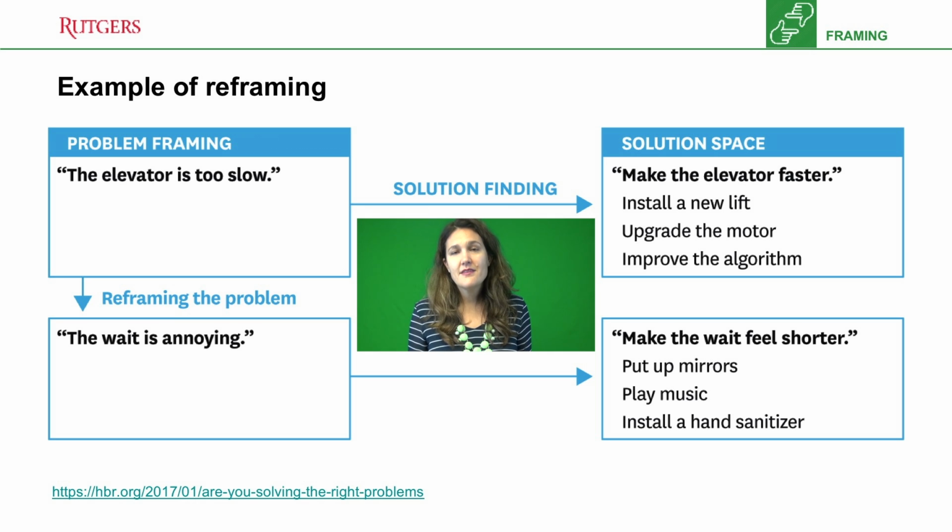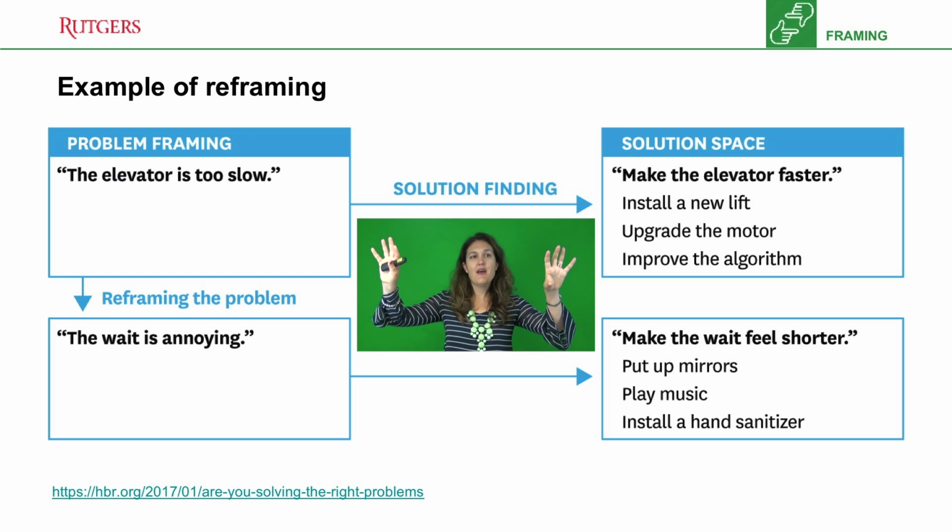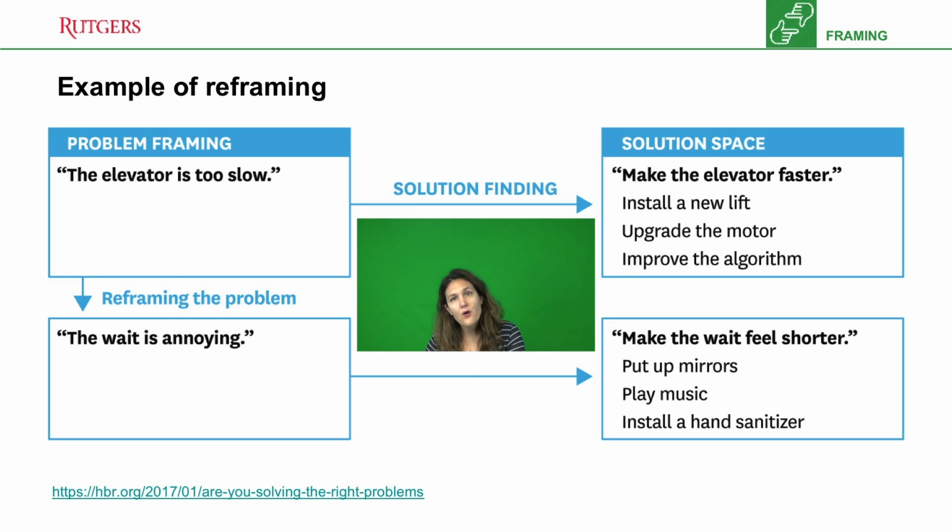There's some other ways to think about crafting a problem statement and tackling that. And you can see here that the way the problem is crafted informs the possible solutions to be considered. In the former, it's very narrow. If the elevator is too slow, how might we make the elevator faster? If the wait is annoying, how do you make the wait feel shorter? And there's a whole cascade of ideas and solutions that can come from that as well.